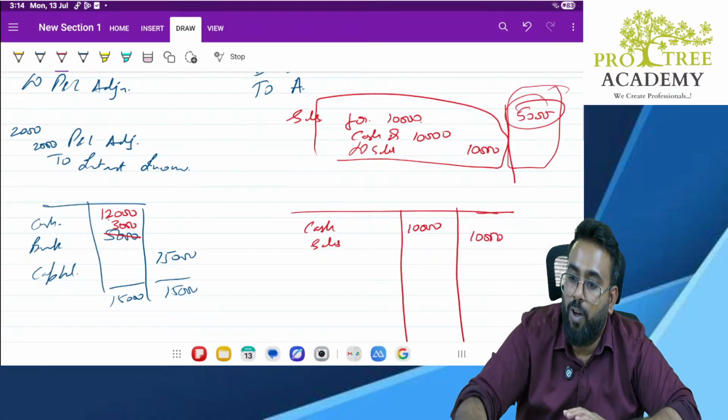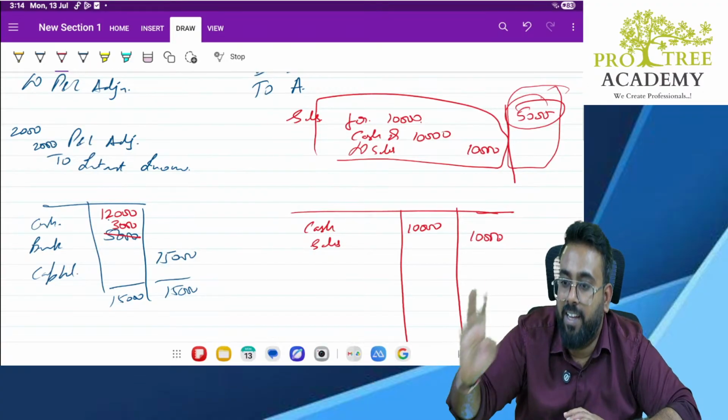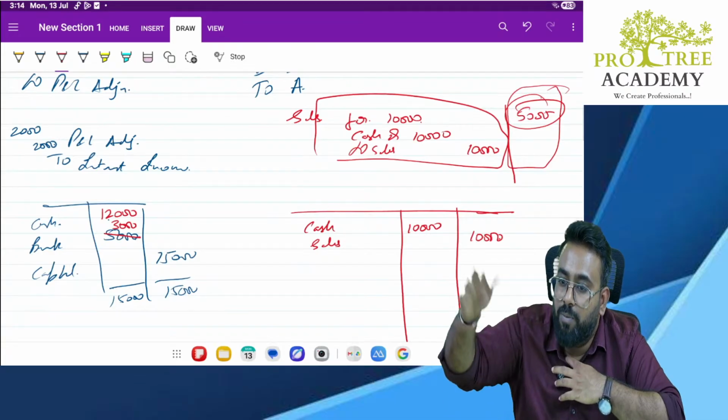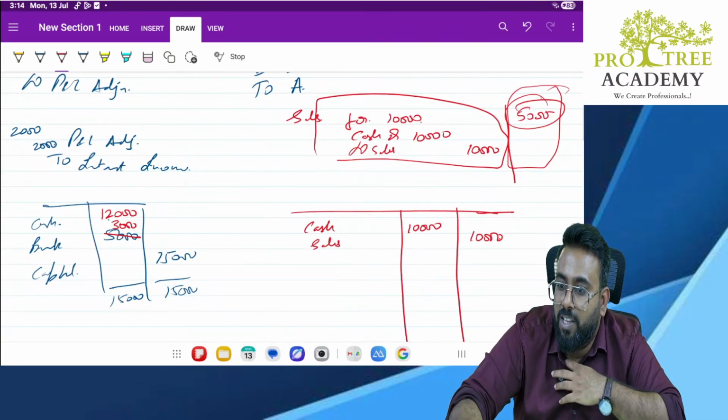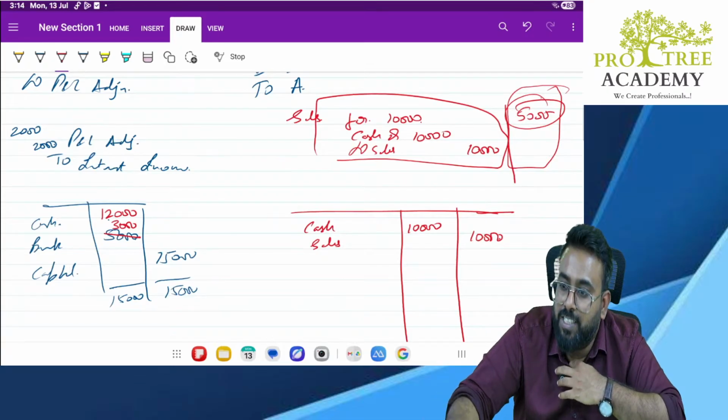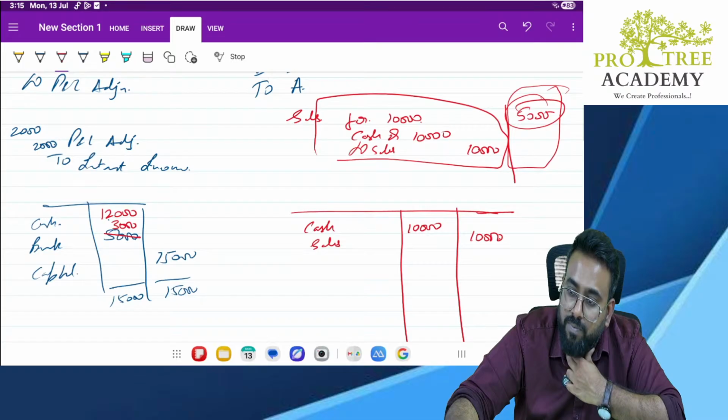Same rule applies for compensating error. Sir, the balance will be different, no? Your balance will change, no? Your sales should be 15,000, but now your sales is showing only 10,000. No, no. When it comes to cash and bank, I didn't get you, sir.